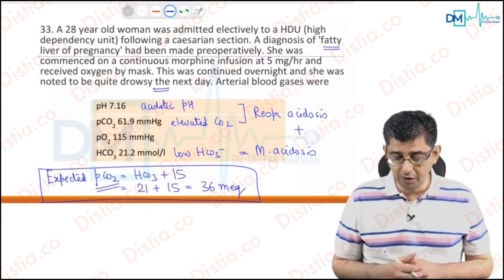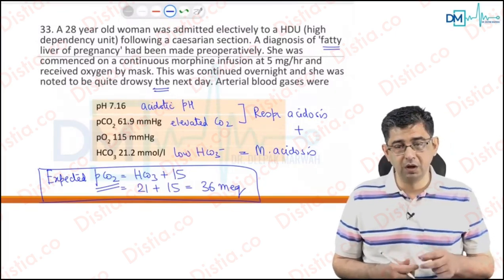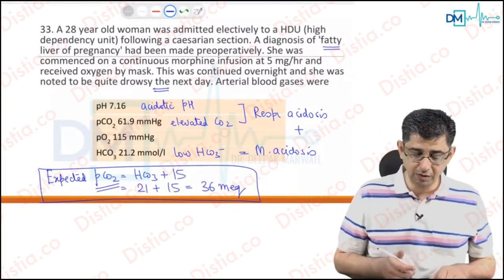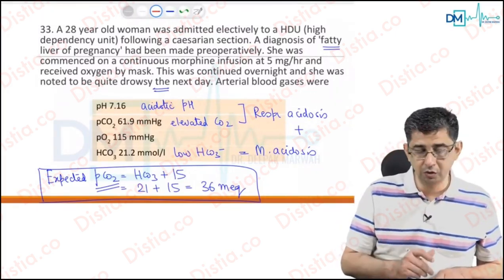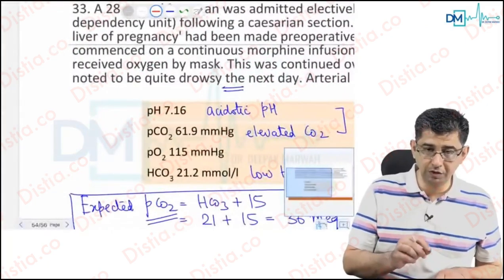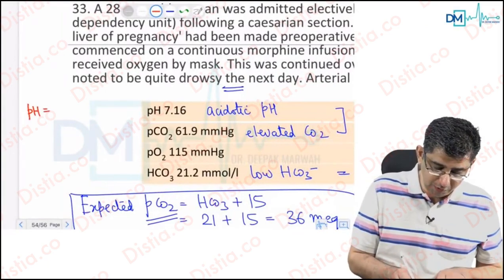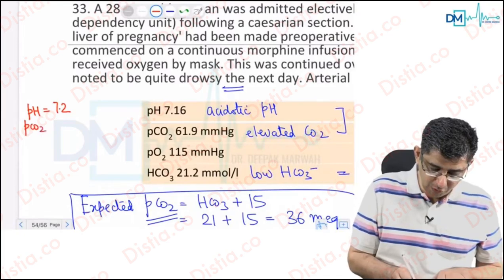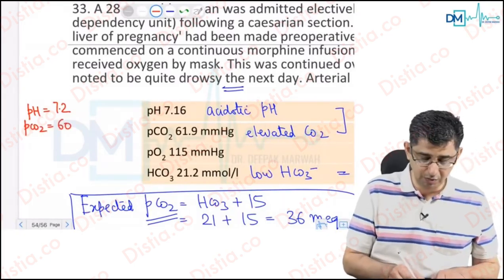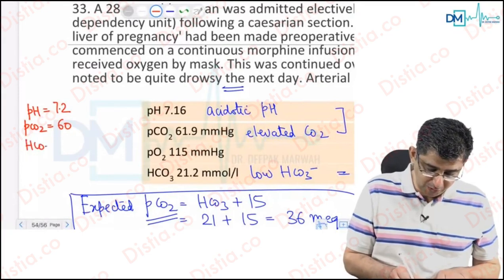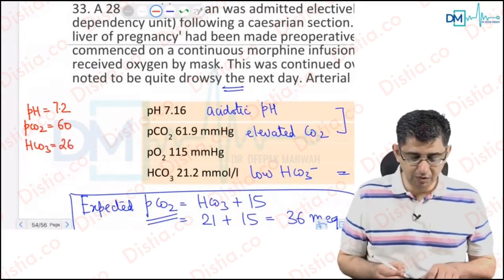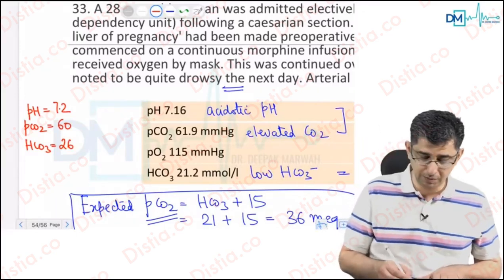Most of the questions that you will get on mixed disorders will be based on the kind of mathematical aspects I've highlighted before you. In case you're losing track of this, I'll highlight the core features once again so that you can get a knack of it. If you get a question in which pH is, let me say, less than 7.2, and PCO2 is, for example, 60, this is respiratory acidosis. Bicarbonate values are normal, that means it is uncompensated respiratory acidosis.